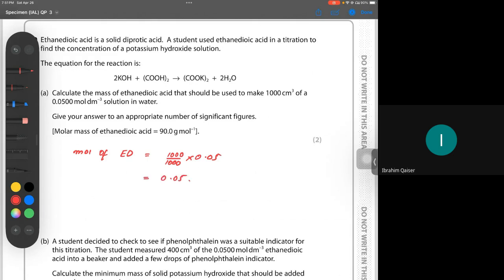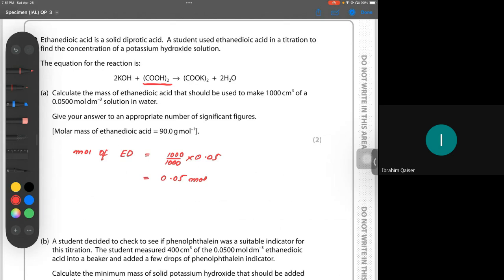So is it 4.5? 0.05, the same mole. Ethane dioic acid is a solid diprotic acid. A student used ethane dioic acid in titration to find the concentration of potassium hydroxide solution.